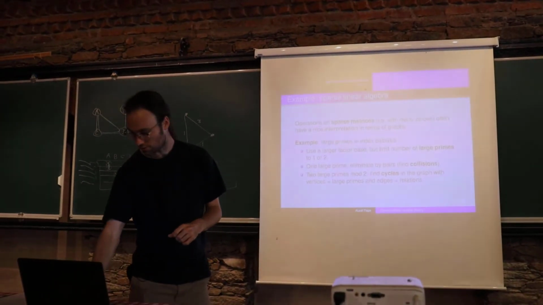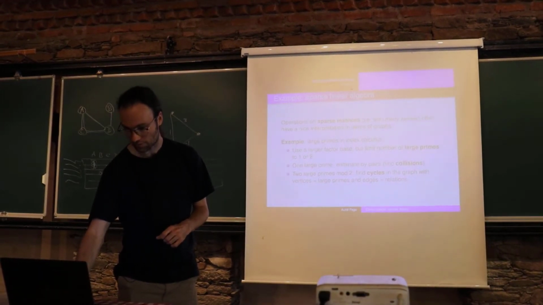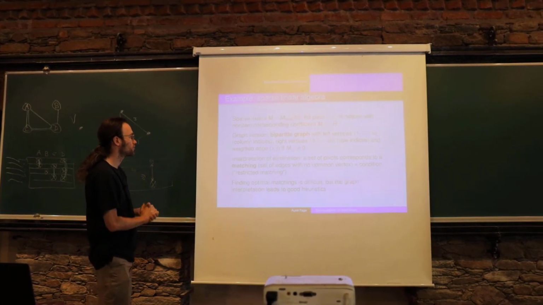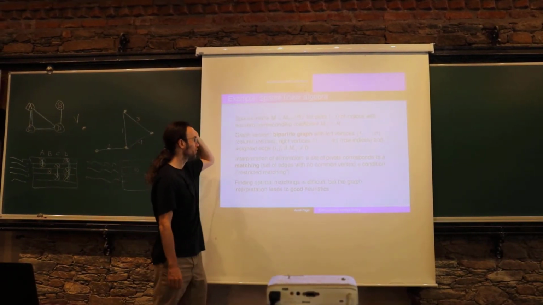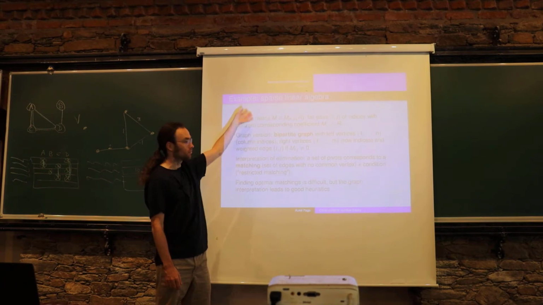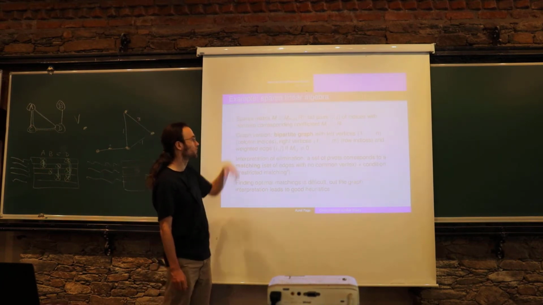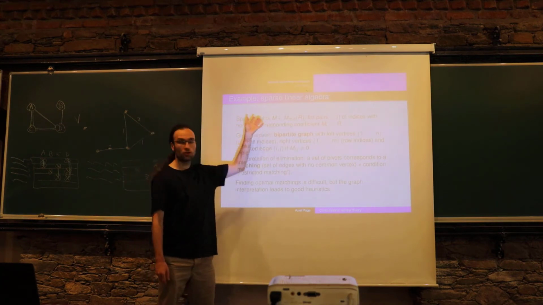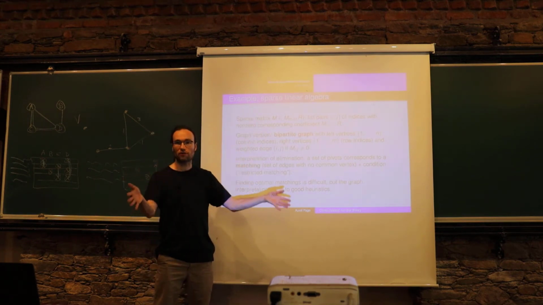Okay, let's see another example coming from sparse linear algebra. So now you have a sparse matrix, in an abstract context, you don't have to know where the matrix comes from. And when you store a sparse matrix, you don't want to store every coefficient.